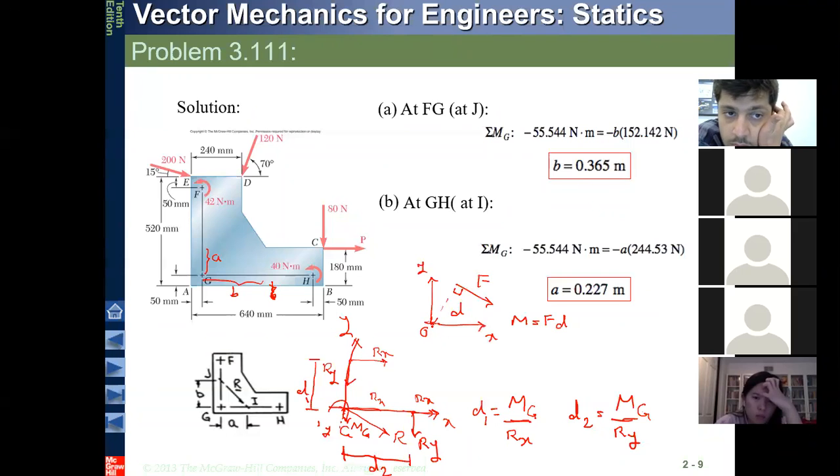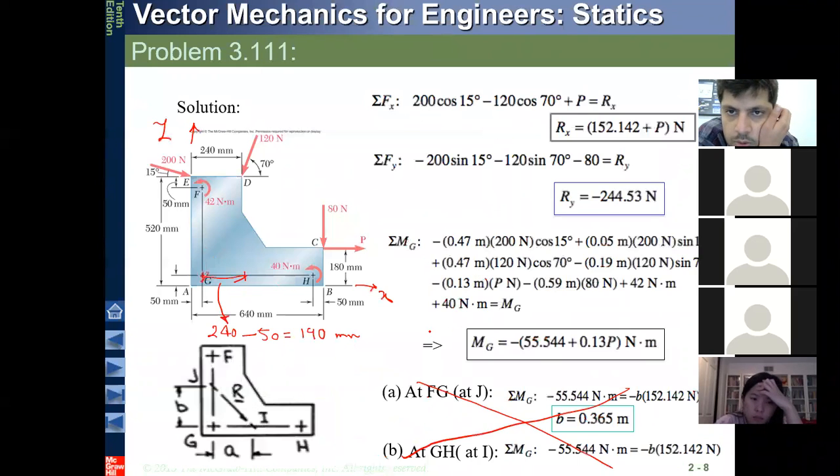What angle? Cosine of 15. 0.47. Where is 0.47? That's the length of the x component of 200 Newton, right?